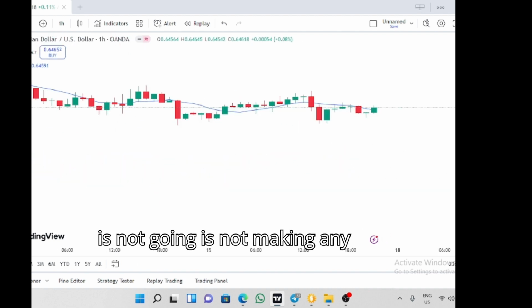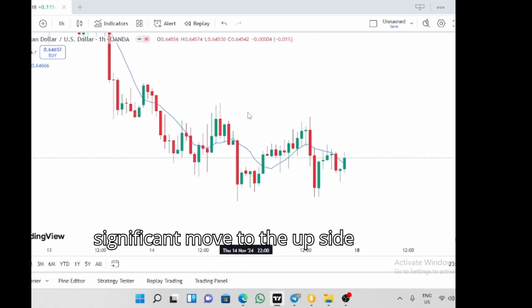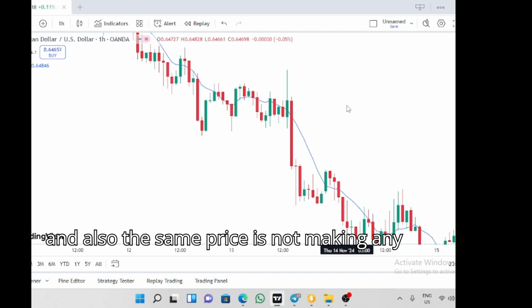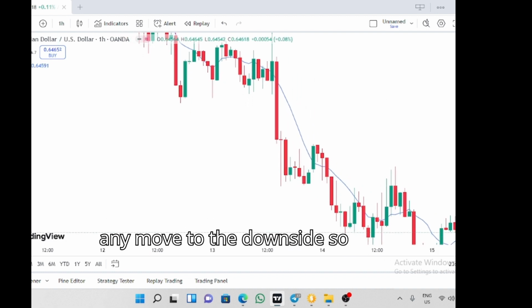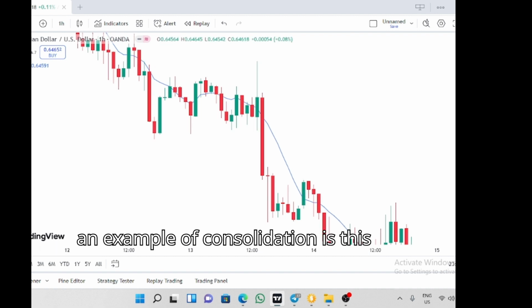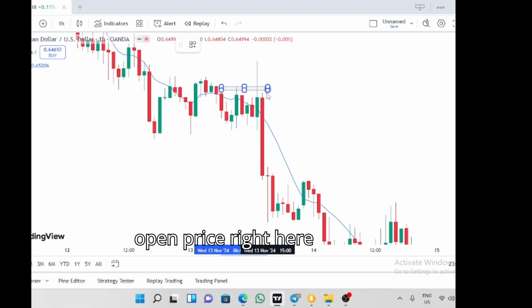Price is not making any significant move to the upside, and also the same price is not making any move to the downside. So an example of consolidation is this open price right here.